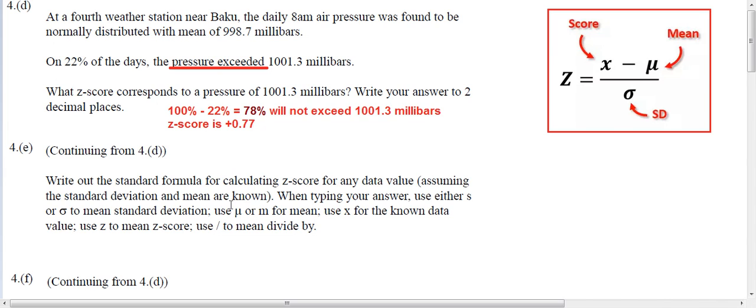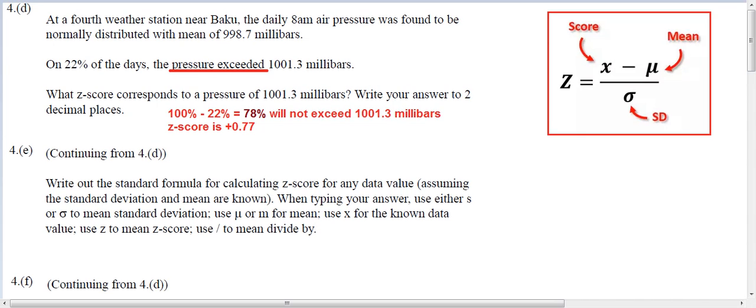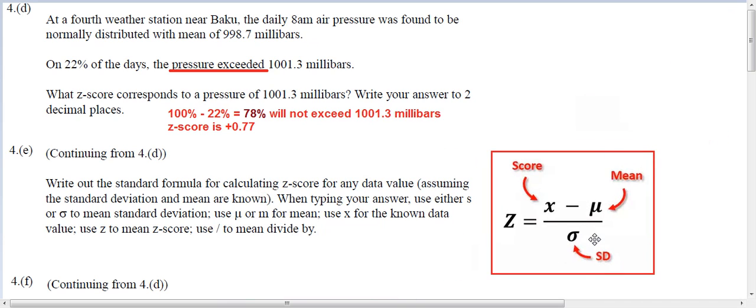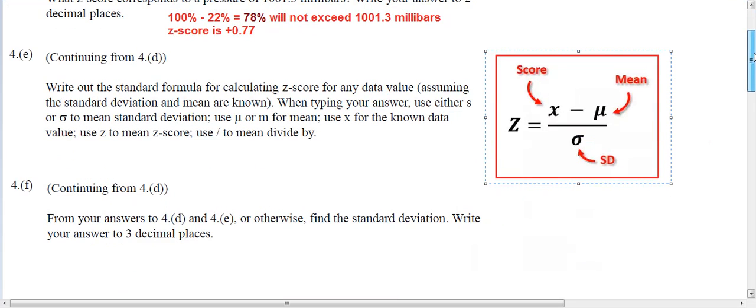When typing your answer, use S or sigma to mean standard deviation, use M for mean, use X for the data value, use Z to mean z-score, and use a bar to mean divided by. We can write all such things down, but I have it done here in the question, you can take it. That's the formula that you have to write.